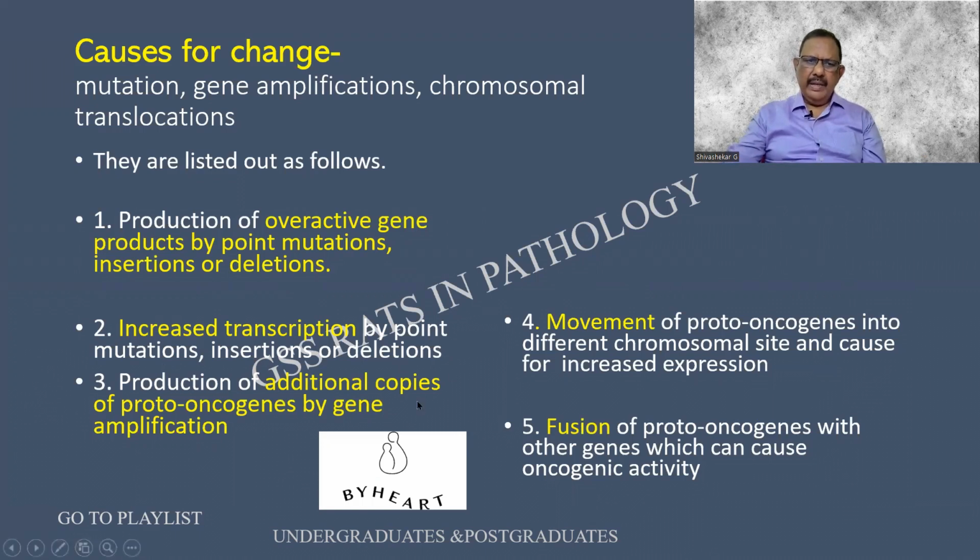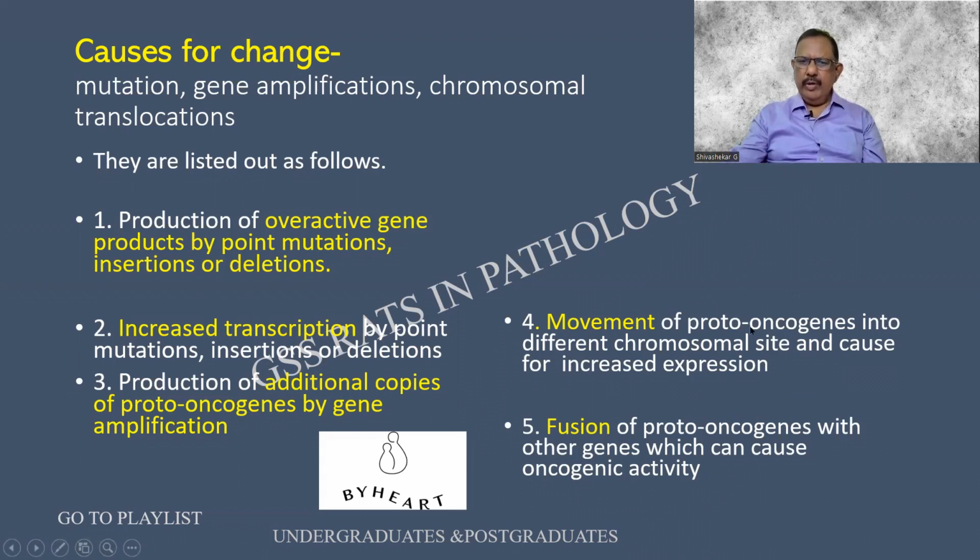Similarly, there can be additional copies of the proto-oncogenes which are produced by gene amplification. There is one defect which is becoming more and more increased in number by gene amplification. Then there is the movement of the proto-oncogene into a different chromosomal site.